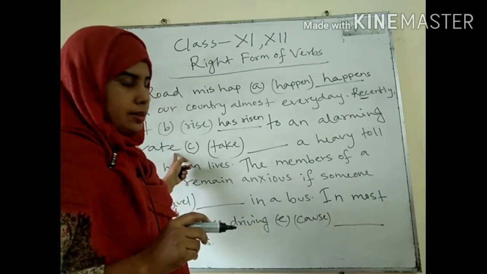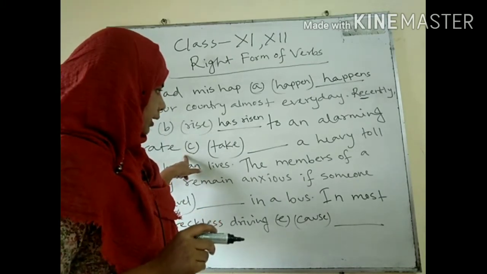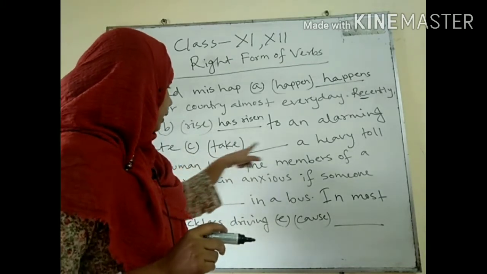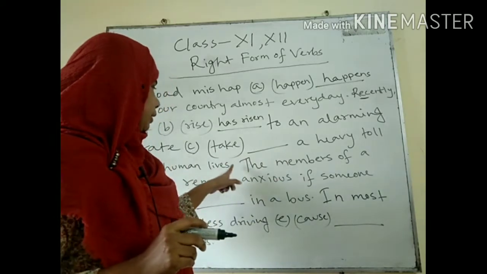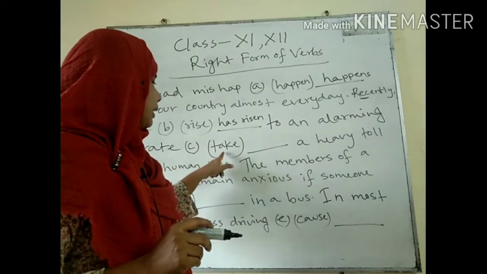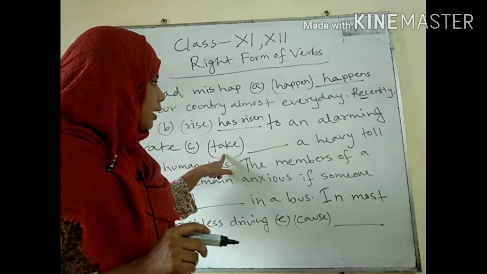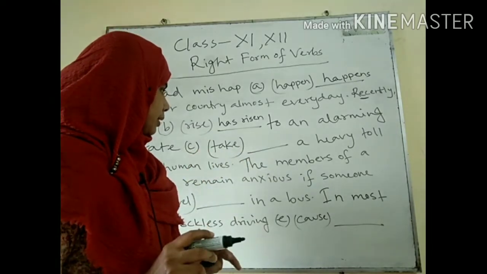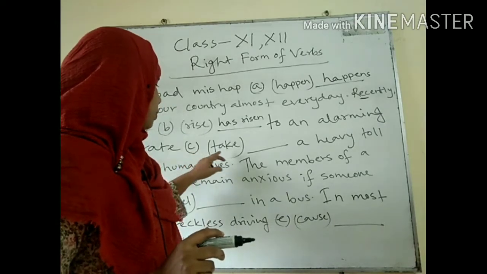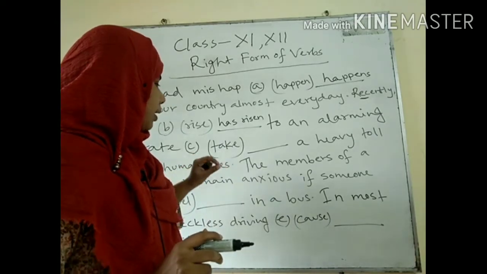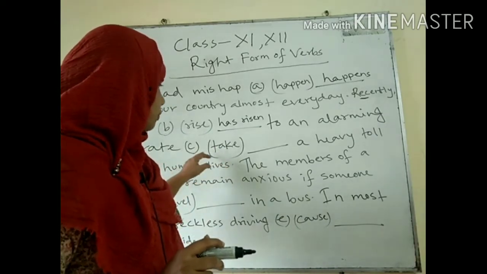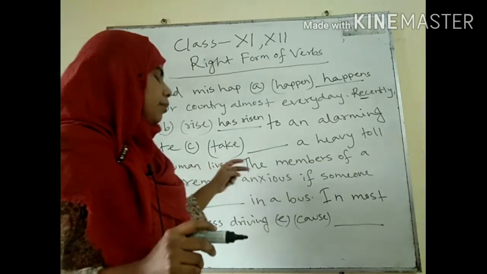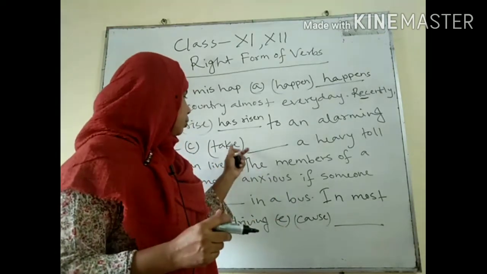The sentence has not stopped here. Take a heavy toll of human lives. Okay, so we have a second verb in this sentence, and as the sentence is a simple sentence, we have to make the verb by adding ing with the verb.